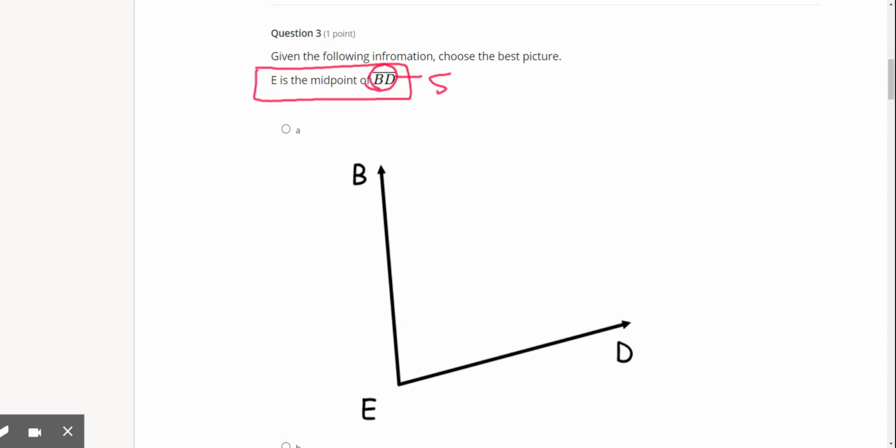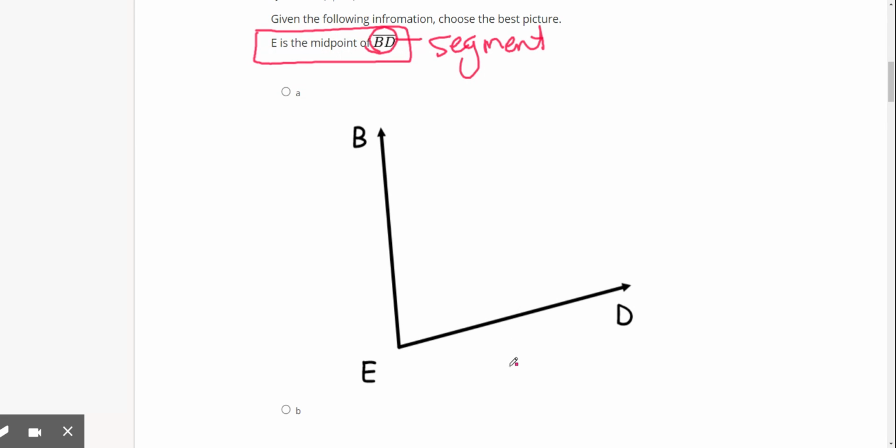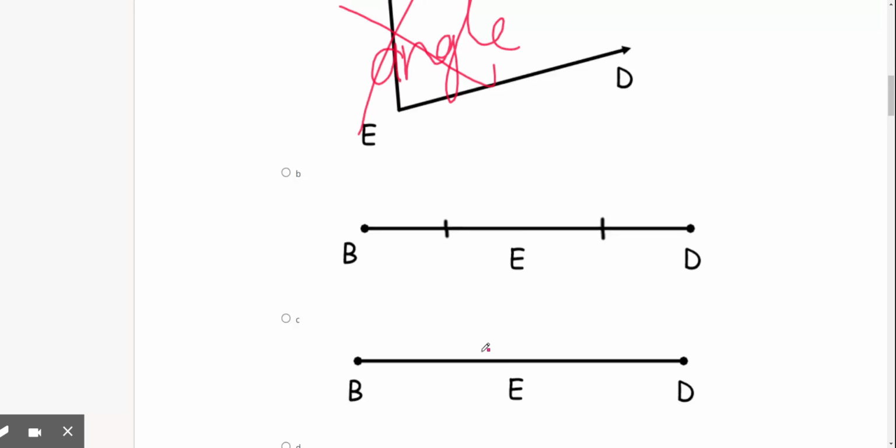Segment. So you need to be able to read that geometry notation so you can eliminate your bad answer choices. Does A even make sense if we're finding the midpoint of segment BD? No, this is an angle, so that's garbage. I love it when I can cross nonsense out. It makes me feel very gratified.